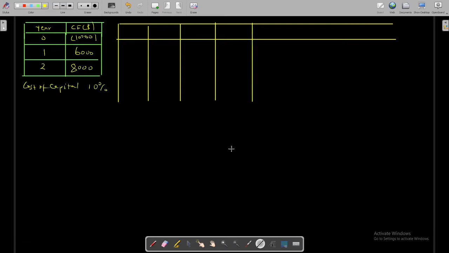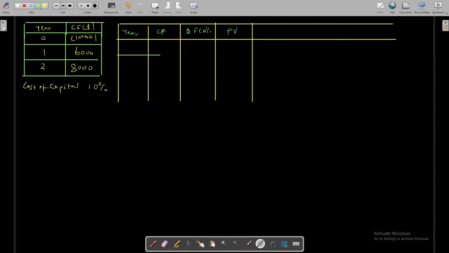Now this is the year, this is the cash flows, this is the discount factor at 10%, and this is the present values.